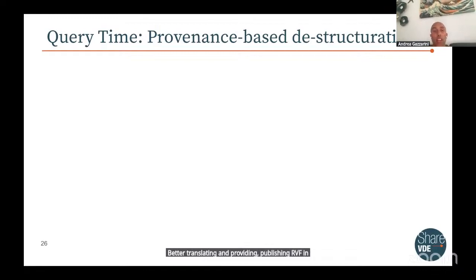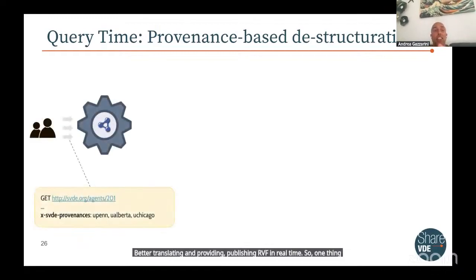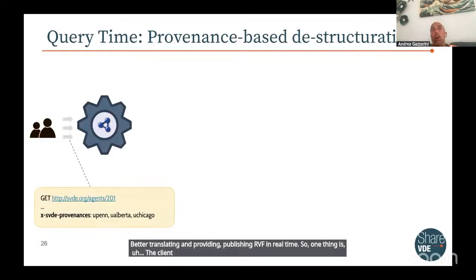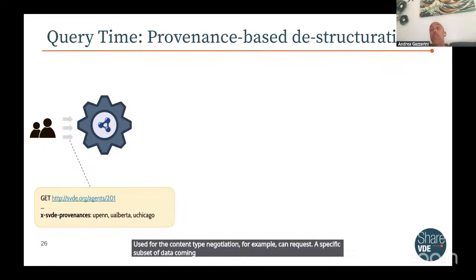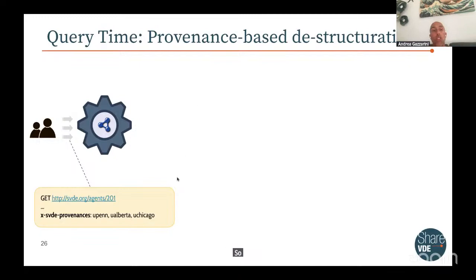One thing is that the client, using regular HTTP procedures like header negotiation, used for content type negotiation for example, can request a specific subset of data coming only from provenance A, B, and C. So in this example, the client wants to get back the agent 201.